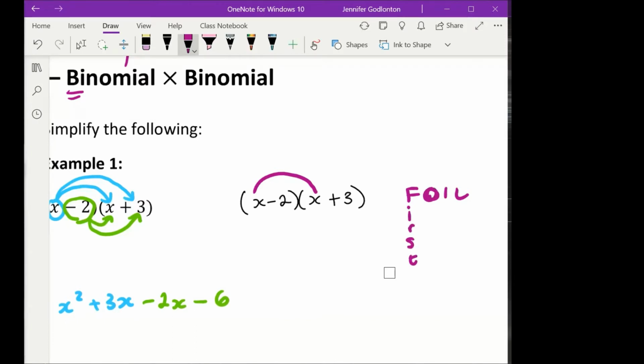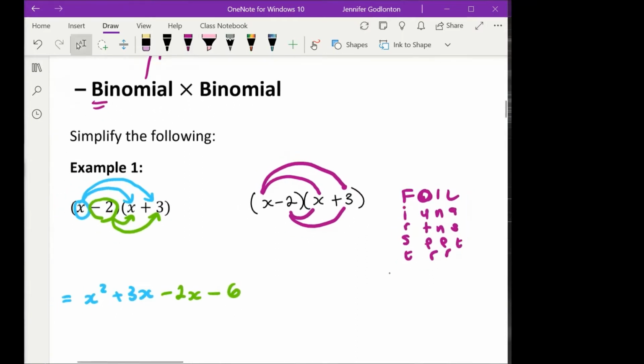Then the O stands for outer, so the outer term and the outer term. The I stands for inner, so our 2 inside terms. And then the L stands for last, so our 2 last terms. And so that's why people say FOIL. First, outer, inner, last.